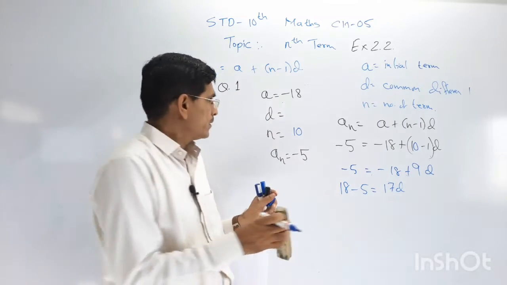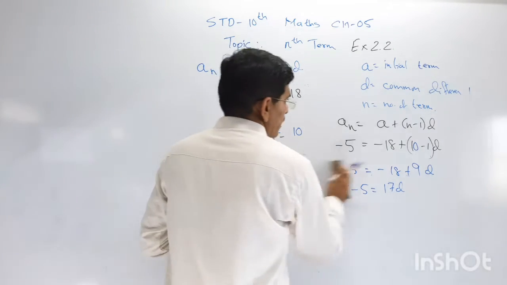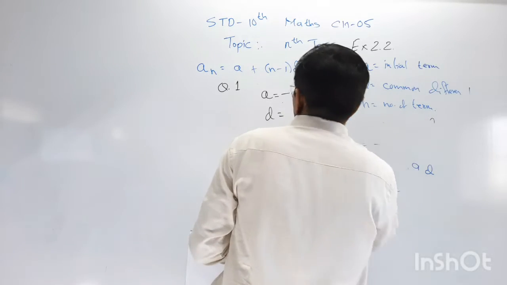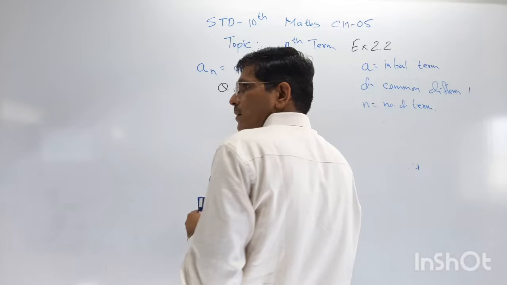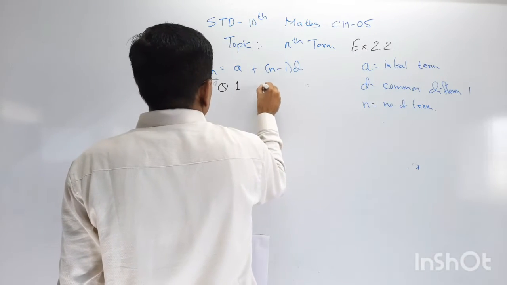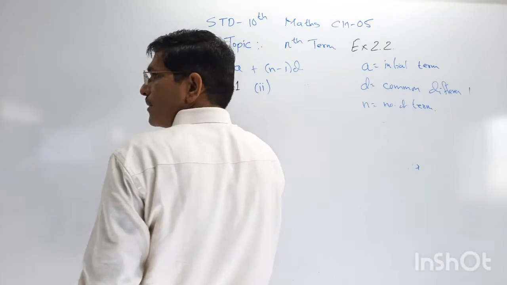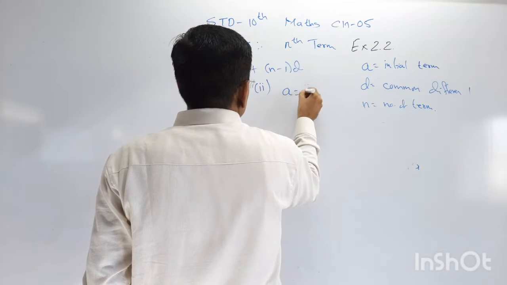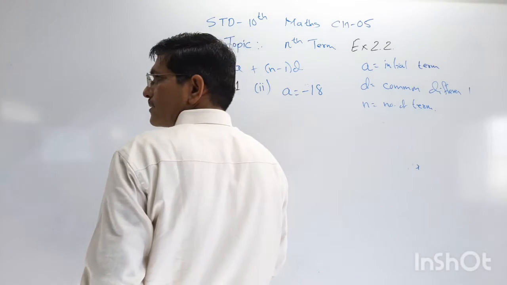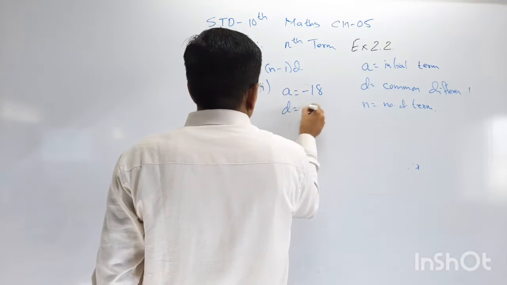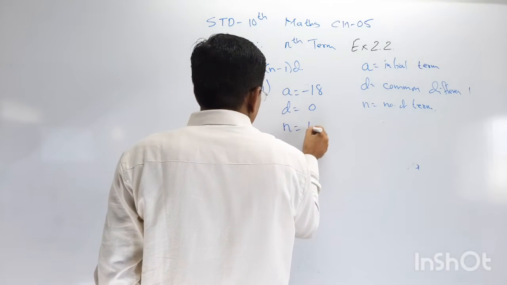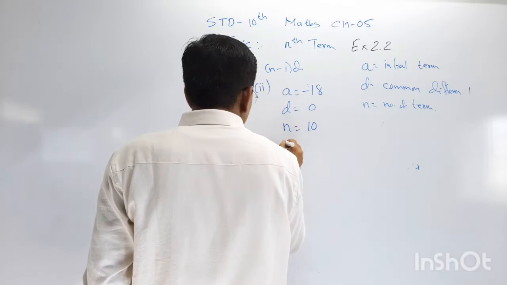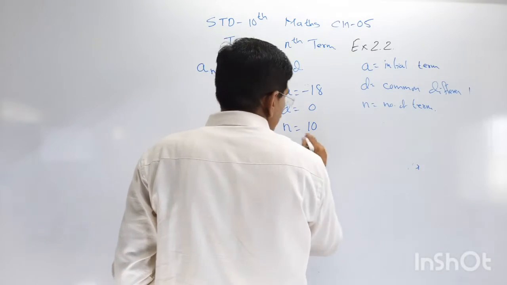Okay, so some mistakes happen when we do the question. The important thing is the value that I am taking wrongly. So I am writing the values again. In question number 2, by mistake I took a wrong value. So a is equal to minus 18, d is equal to 0, n is equal to 10 and an is equal to 0.